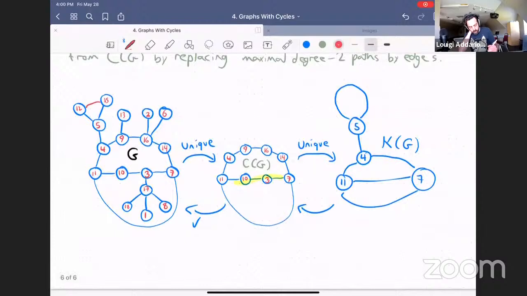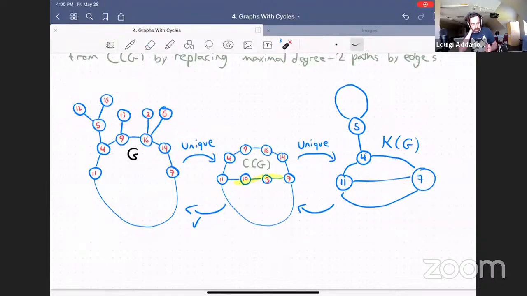But that's one question you might have been asking. Another question you might have been asking is, what if our original graph didn't have this internal path and only had these dangling trees over here, right? So in that case, the kernel would not have this path. The core would just be a cycle. And then there's a question of how do you want to define the kernel?